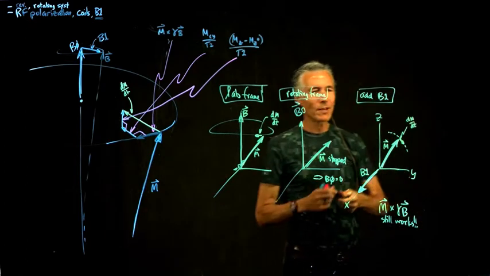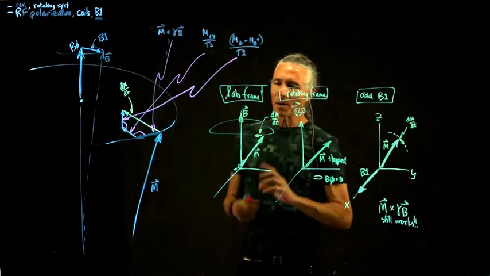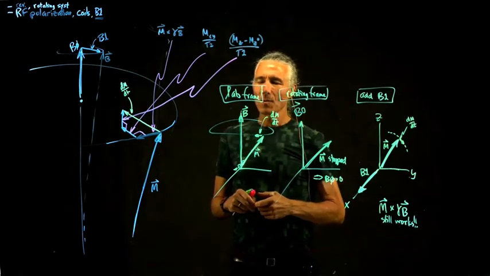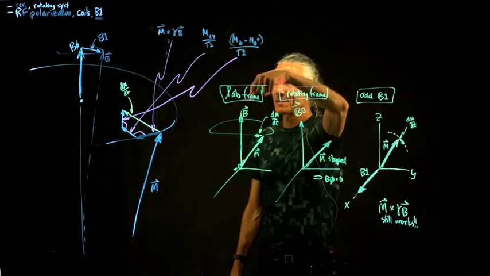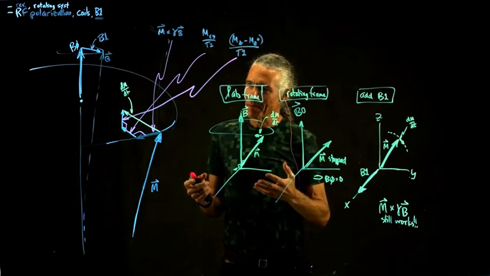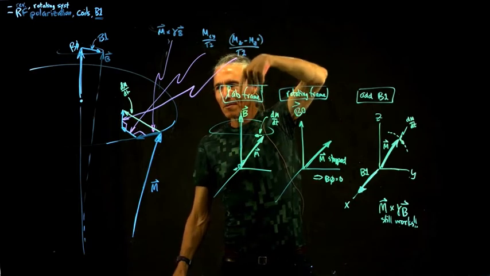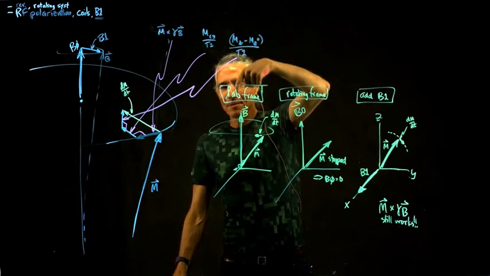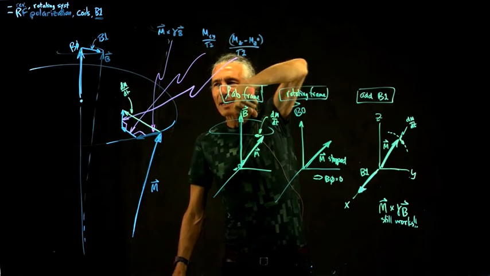Here's one handy way of thinking about it. Imagine you put a screwdriver down from the opposite direction of the B field, and you're screwing in a screw.